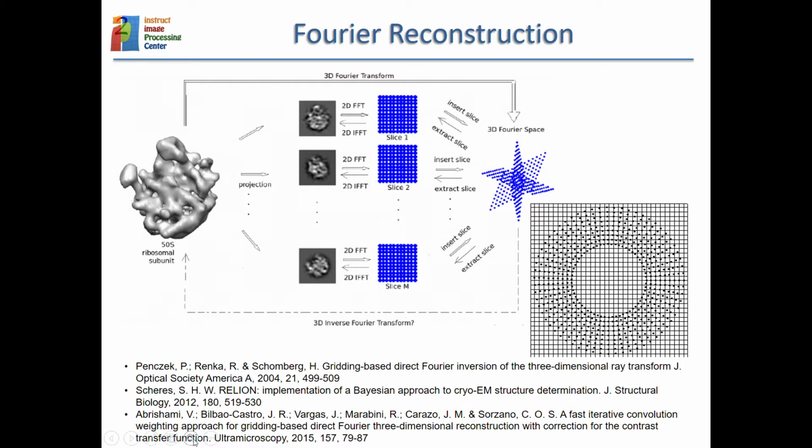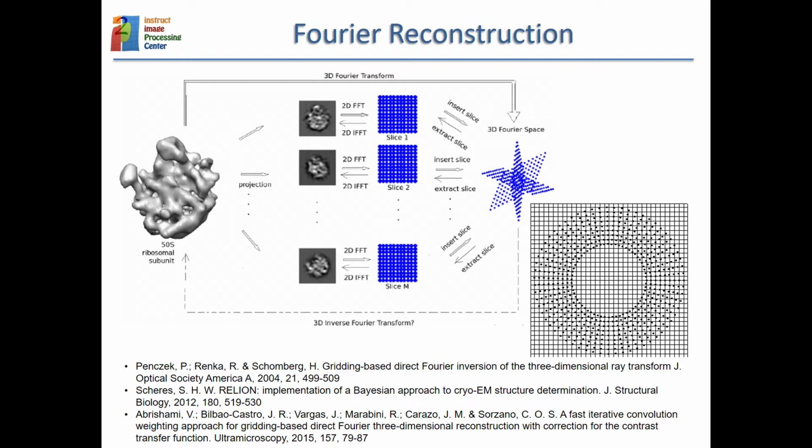And here you have the references for this Fourier gridding in CryoEM. I would say this is currently the state of the art for single particle analysis. All algorithms nowadays reconstruct in single particle analysis using this Fourier gridding idea. The reason is that it is extremely fast, and this is very important when you have a high number of particles, as is the case now.